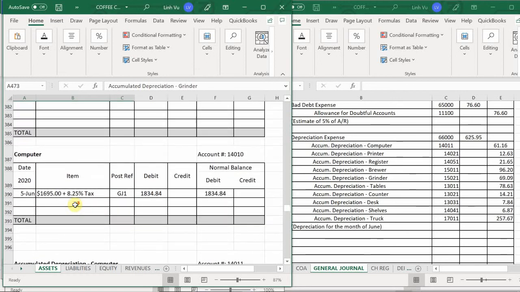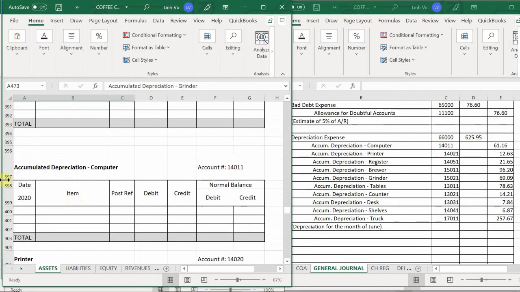The first one, the computer. For the month of June, the depreciation, I'm just going to put adjustment. 61.16.